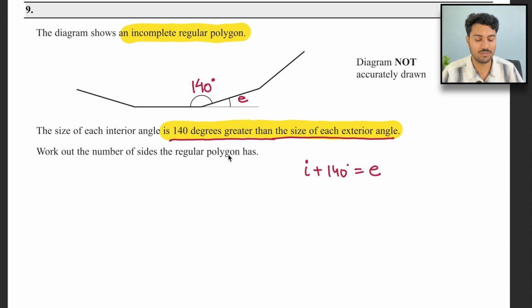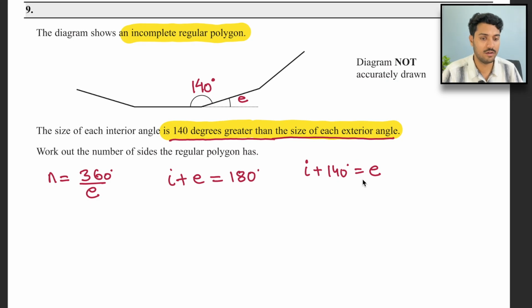Work out the number of sides of the polygon. We know that to find the number of sides of the polygon, we have the formula 360 degrees by E. And to find E, we can use I plus E is equal to 180 degrees. So we need the equation in terms of E. I plus 140 is E, or you can say I is E minus 140 degrees.